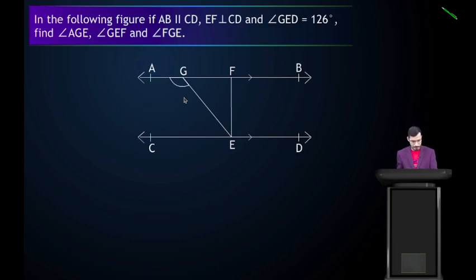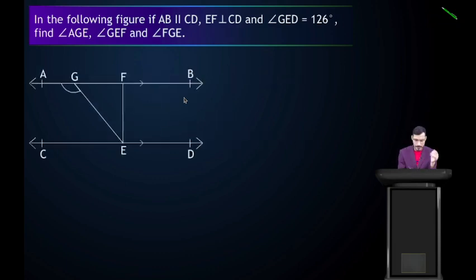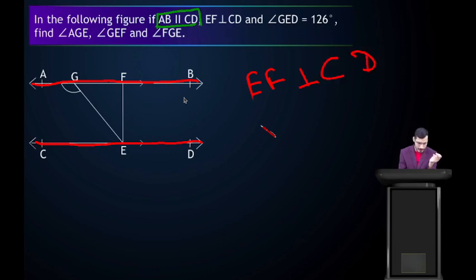First of all, given that AB parallel to CD, that means AB and CD both are parallel lines, and EF perpendicular to CD.